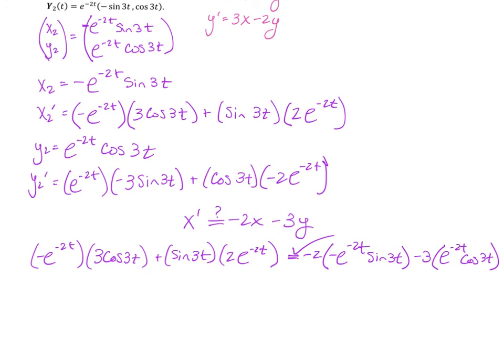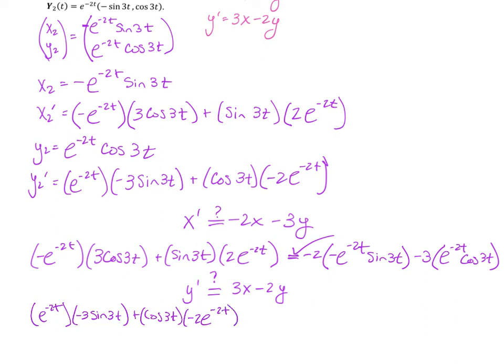Okay, so y prime is supposed to equal 3x minus 2y. So y prime we calculated right here. So we have e to the negative 2t times negative 3 sine 3t plus cosine 3t times negative 2 e to the negative 2t.